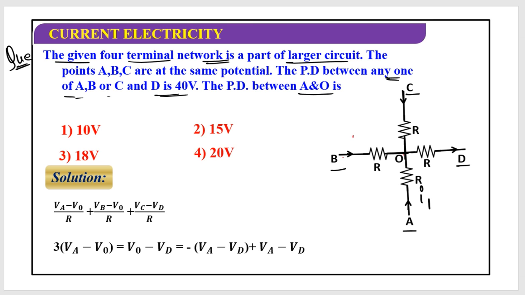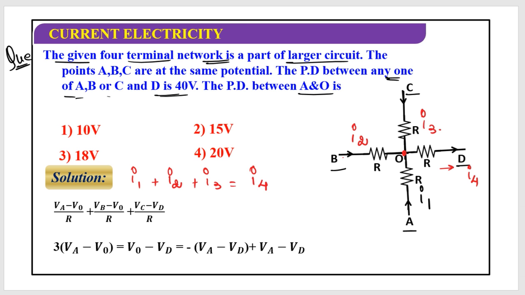A certain current is coming from here, I2. A certain current is coming from here, I3, and a certain current is moving out from here, I4. At point O, which is a junction, all the incoming currents I1 plus I2 plus I3 should be equal to I4.